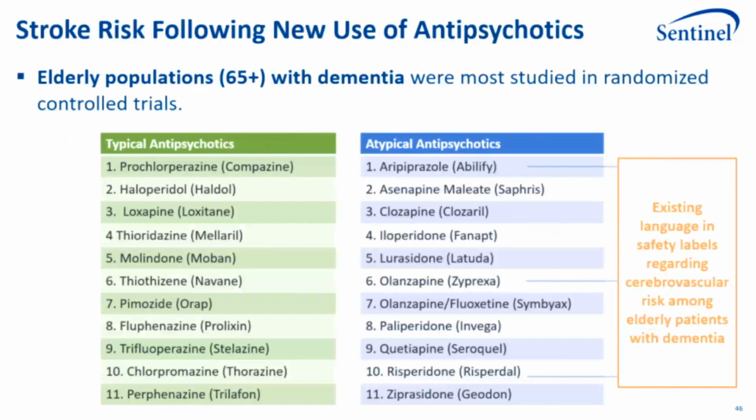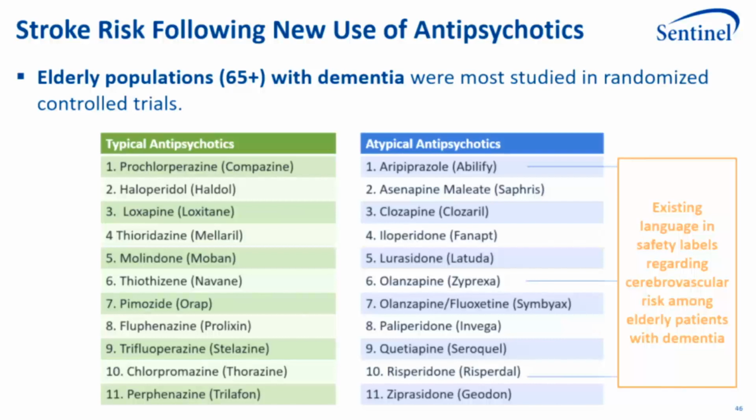So we're going to start out with our case study, being in the mindset of a person who's looking for new information or new evidence about stroke risk following the new use of antipsychotics. You can see here a list of the antipsychotics of interest divided into two categories: the typical antipsychotics and the atypical antipsychotics.